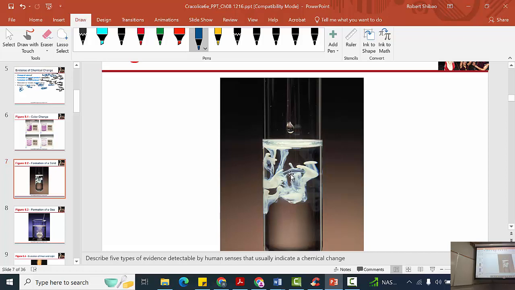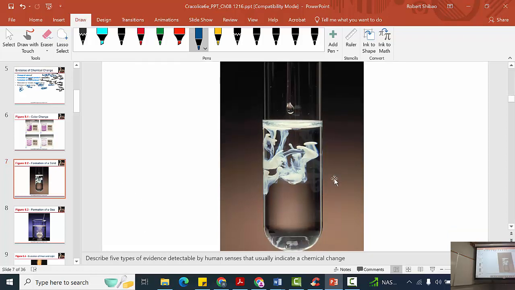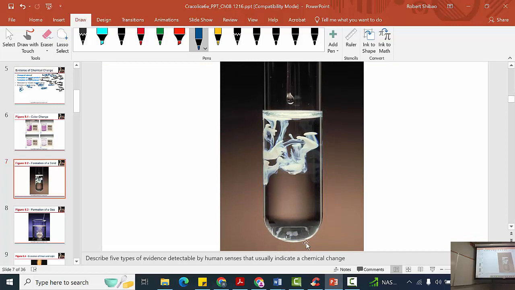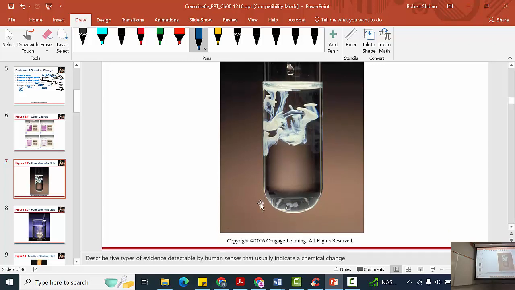Eventually those tiny crystals will sink to the bottom. Sometimes the crystals are so tiny that it takes time for them to settle. We just wait until eventually they'll settle, but here there's clear evidence that there's some solid forming because we get this cloudy precipitate.